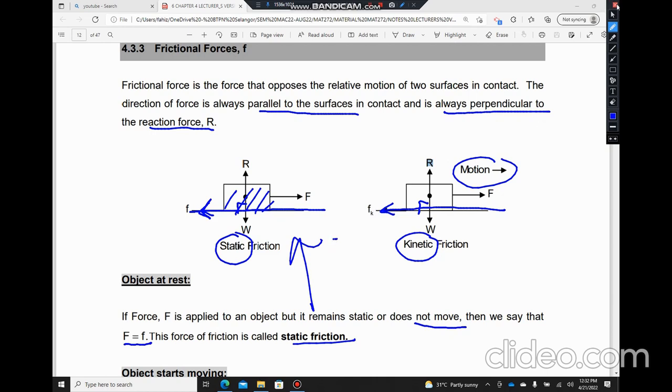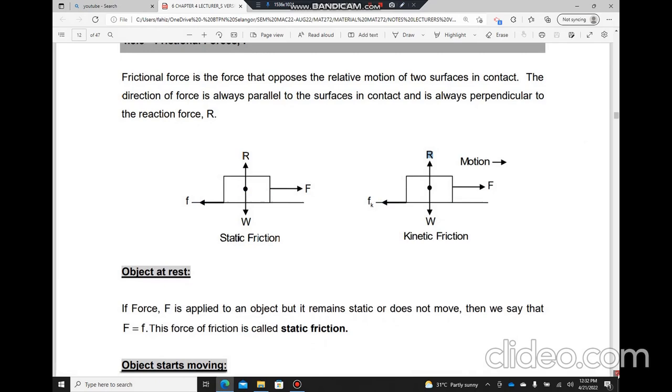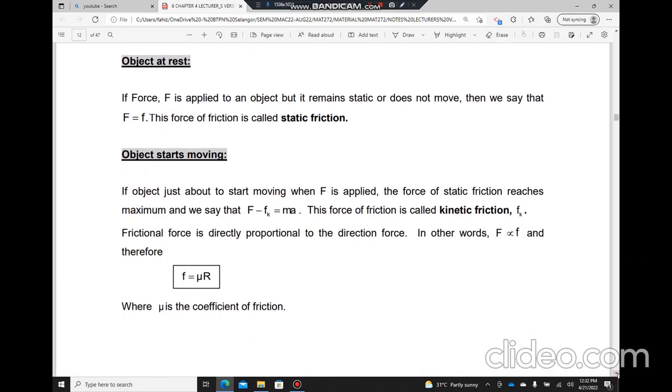Okay, then object starts moving. If object just about to start moving when F is applied, the force of static friction reaches maximum, and we say that F minus Fk equals to ma.